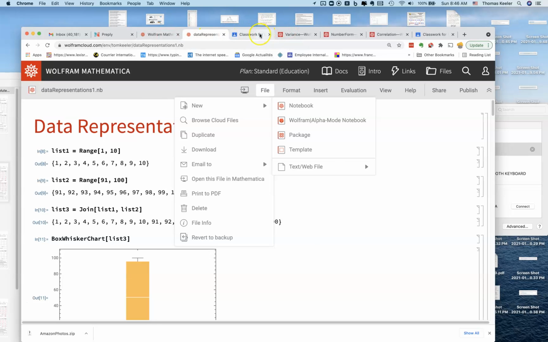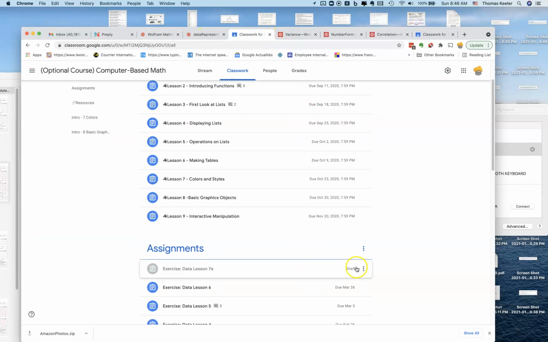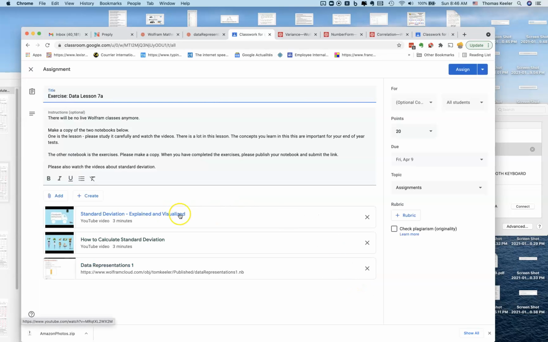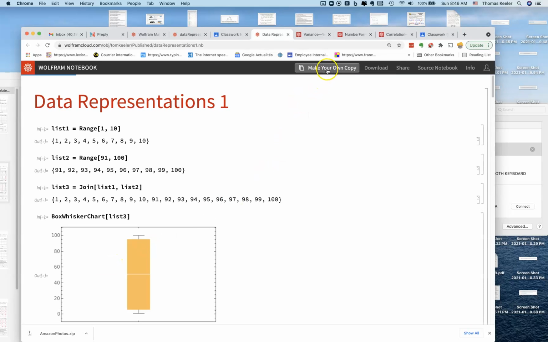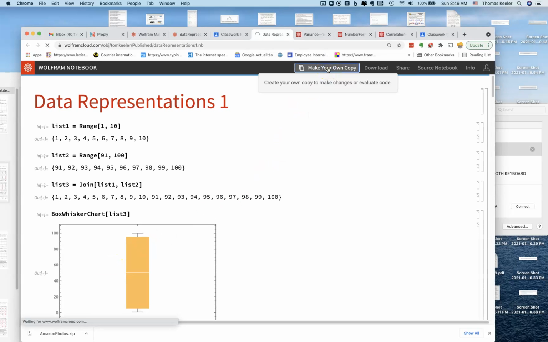I'll go back to the class, and it's just easier to do it this way. I haven't published this, but this is what we're going to do. We're going to make our own copy.